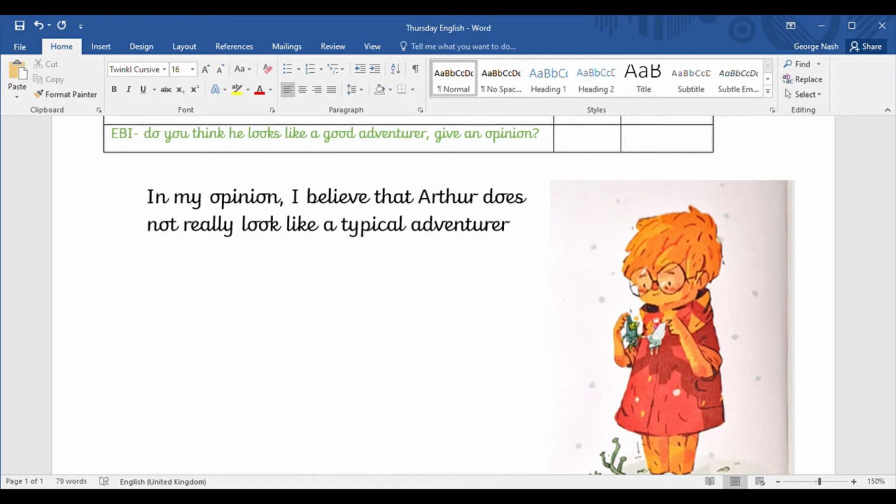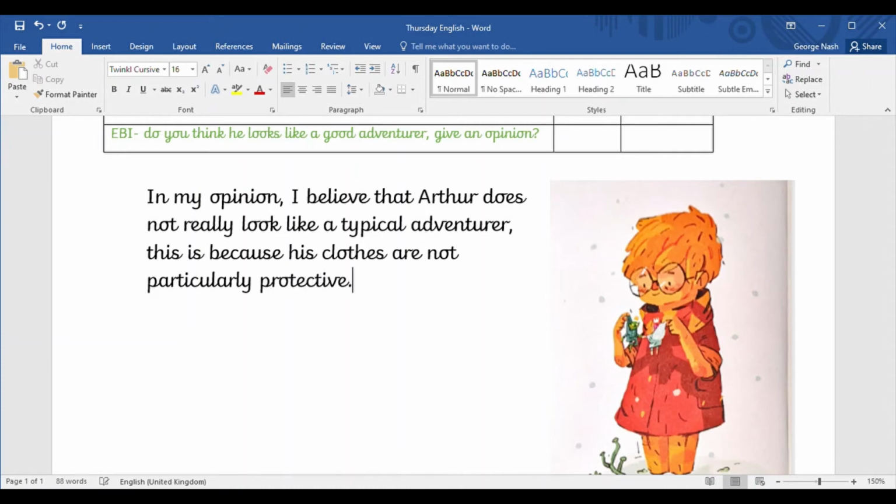Or I might say, comma, this is because his clothes aren't particularly, what can I say here? His clothes aren't particularly protective, maybe, because you could be wearing a suit of armour if you're an adventurer.